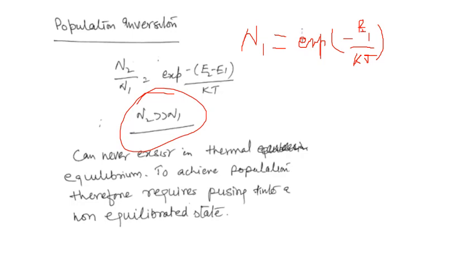So this is not a natural process, and that is the reason that even though Einstein suggested and first thought about this in 1920, it was not possible to get lasing action till 1960. The reason is, how can you create this population inversion?